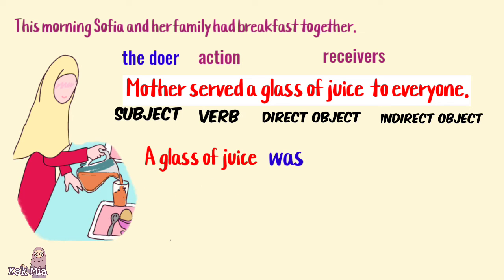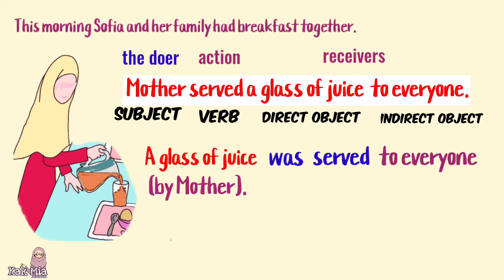Next, the past participle of the verb served is served, the same. Next, write down to everyone, which is followed by the by phrase, by mother. So the sentence becomes, a glass of juice was served to everyone by mother.